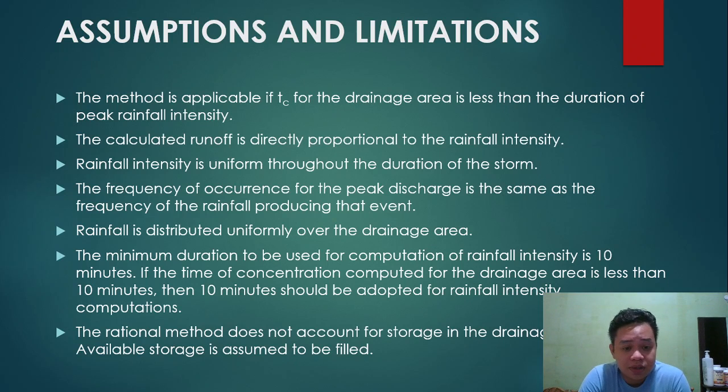Rainfall is distributed uniformly over the drainage area. The minimum duration to be used for computation of rainfall intensity is 10 minutes. If the time of concentration computed for the drainage area is less than 10 minutes, then 10 minutes should be adopted for rainfall intensity computations.